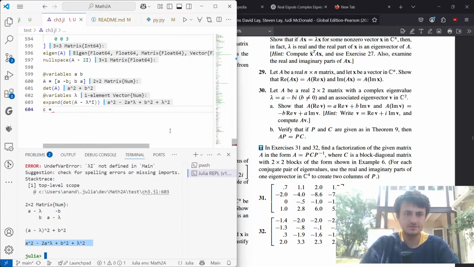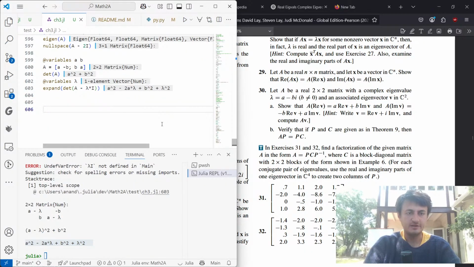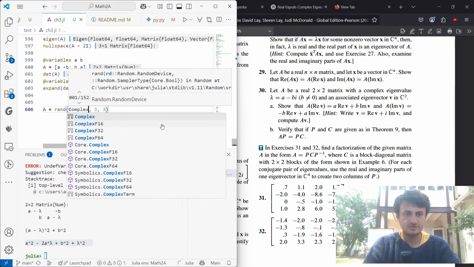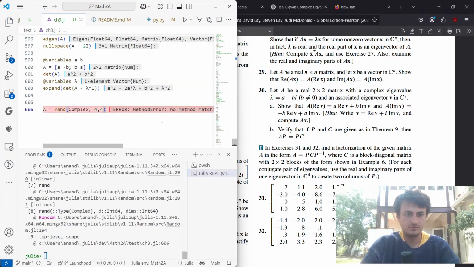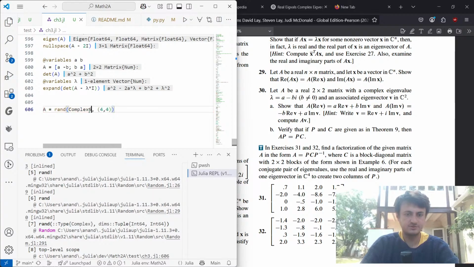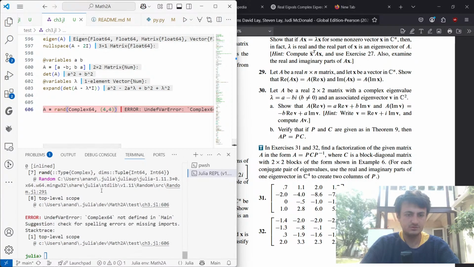Let's see, if I do this, I just want to test something out. If I have A equal to rand complex 4 by 4... what? How do I get a 4 by 4 matrix of complex numbers? Do I have to do this? Rand complex 64? What?